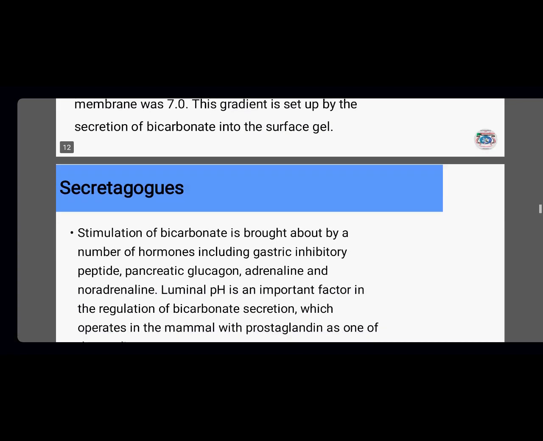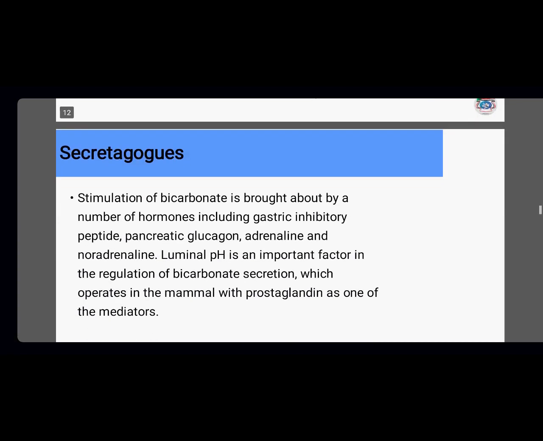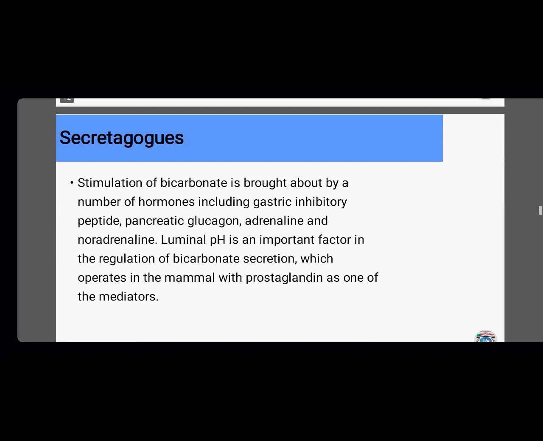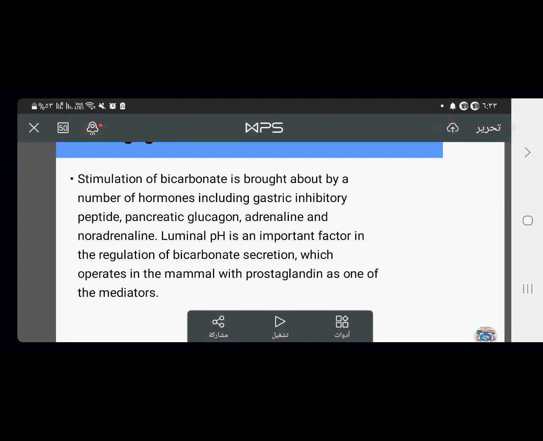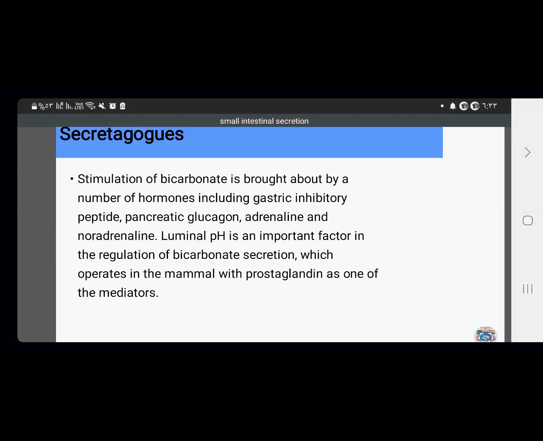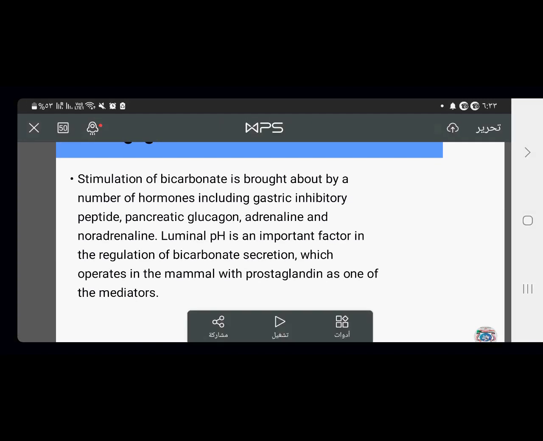Here we are dealing with secretagogues. When we say secretagogues, we mean anything that stimulates secretion. Anything that leads to increased secretion is called a secretagogue. Okay?